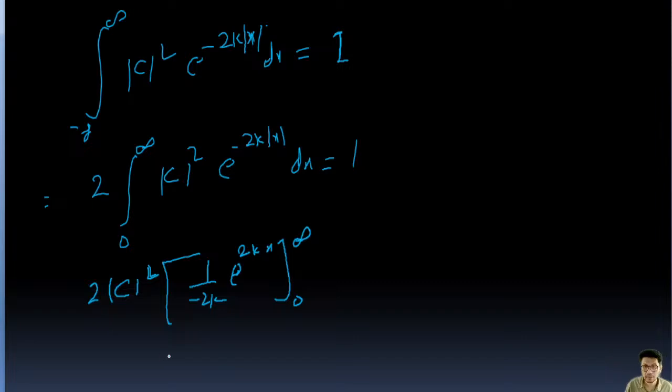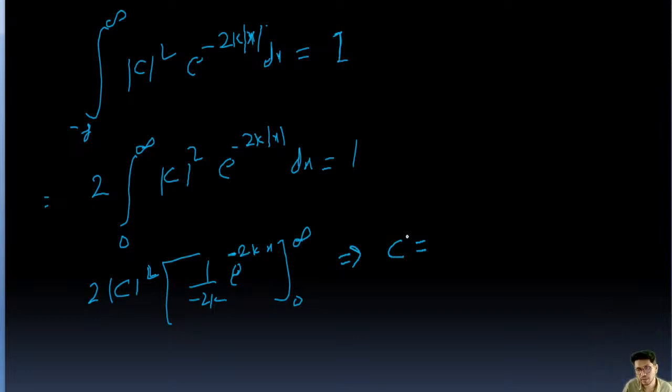So from here the value of c is going to be, if you do that, the 2 will get cancelled, and the value at infinity is 0, and at 0 it is 1, with the minus sign.